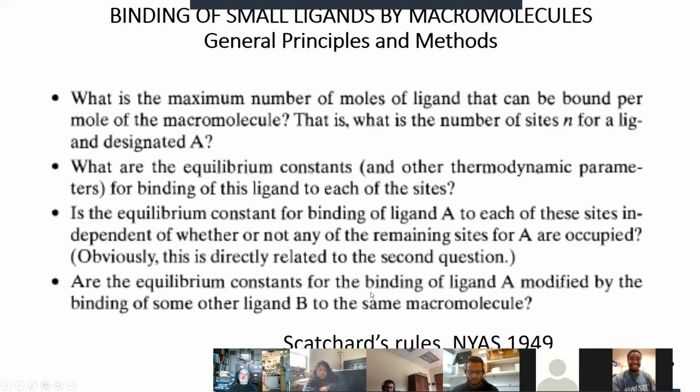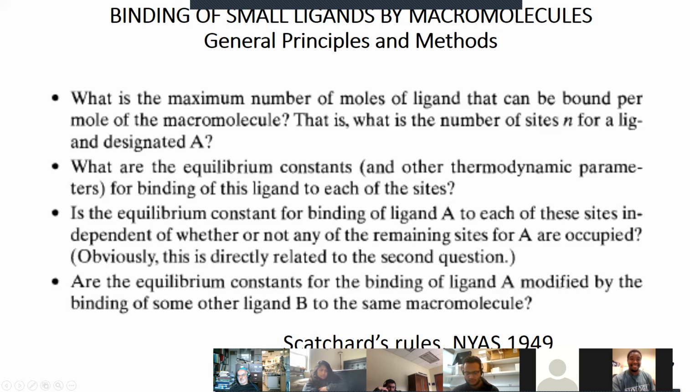It depends on the Bohr effect, proton binding, that affects the stability of a salt bridge that influences the conformational changes in the hemoglobin tetramer. So how many N, how tight K, is it cooperative?